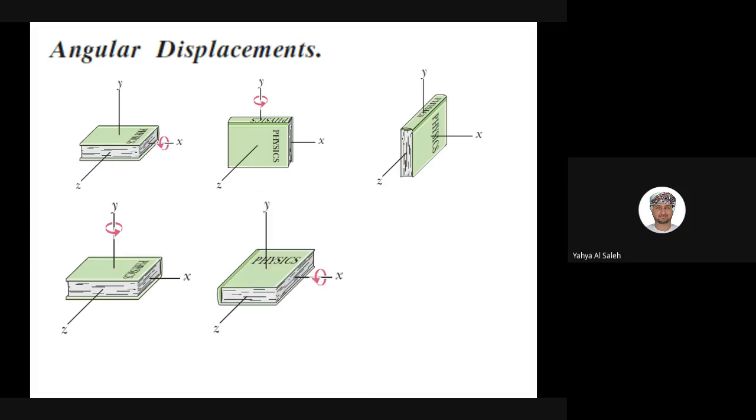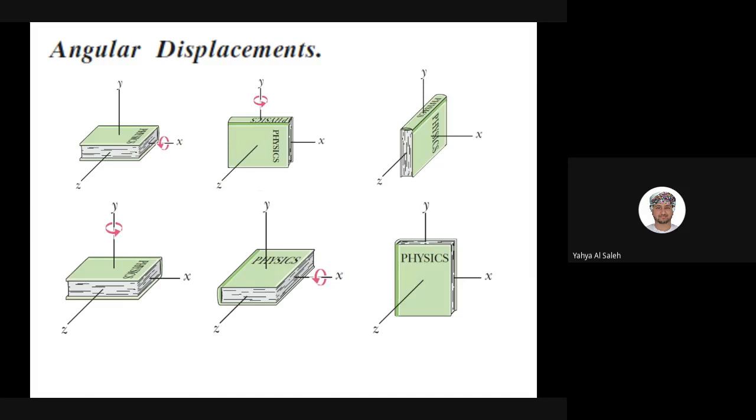So rotate along the y-axis, then rotate along the x-axis, and we have a problem. Rotating x then y gives me a different result than rotating y then x. So when we come to angular displacements, actually 2 plus 3 and 3 plus 2 are not the same thing.